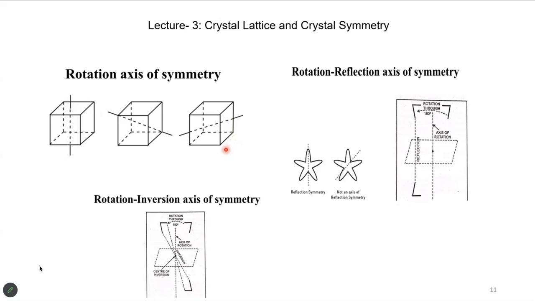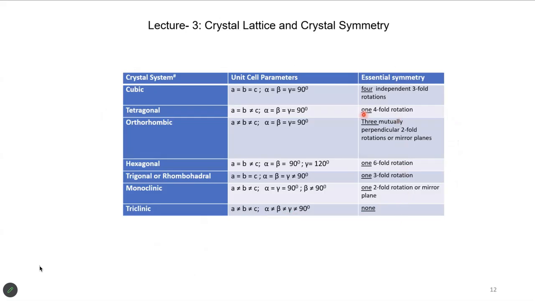Plus, we can have a 3-fold rotation in any of the A, B, or C axes. And this all includes 4 independent 3-fold rotation axes. Similarly, we can show for one 4-fold rotation, 3 mutually perpendicular 2-fold rotations or mirror planes, and so forth.